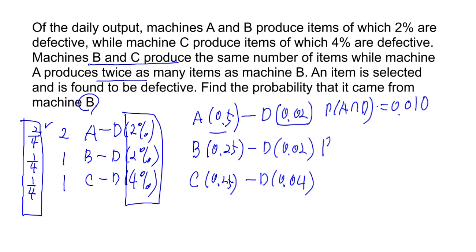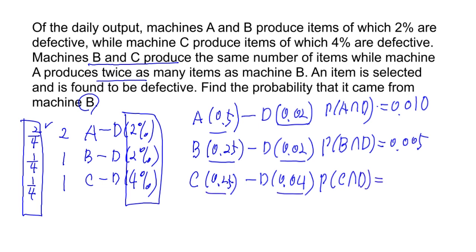Now the probability of machine B and defective, again you can simply multiply these two numbers, 0.005, and the probability of machine C and defective, you multiply these two numbers, which is 0.010. Okay, and the question asks us the probability that the defective item came from machine B.